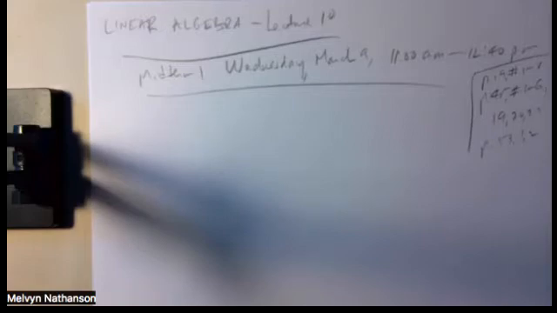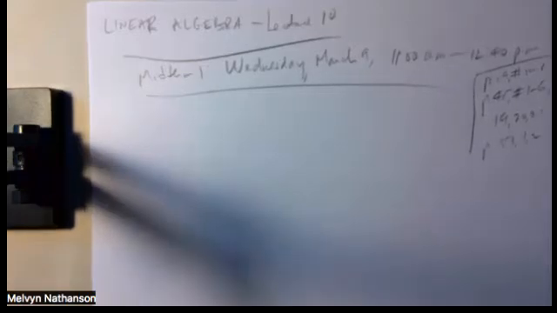Page 19. Oh, okay. So page 19, we're looking at n by n matrices.